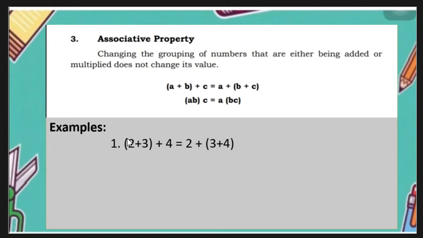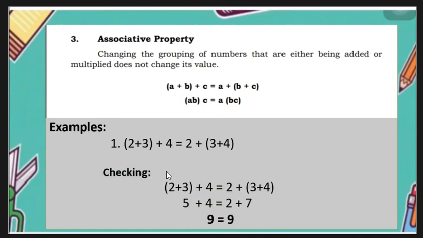The quantity of 2 plus 3 plus 4 is equal to 2 plus the quantity of 3 plus 4. So let's check if this is equal to each other.